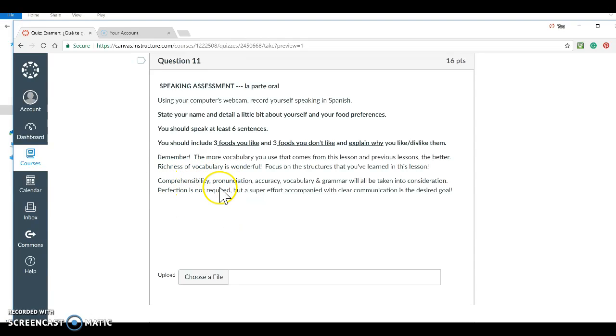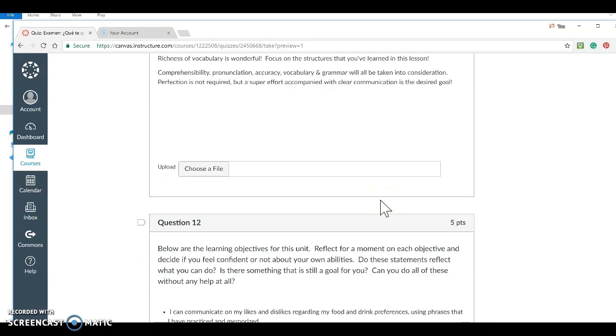Comprehensibility, pronunciation, accuracy, vocab, and grammar will all be taken into consideration, and perfection is not required, but super effort is.